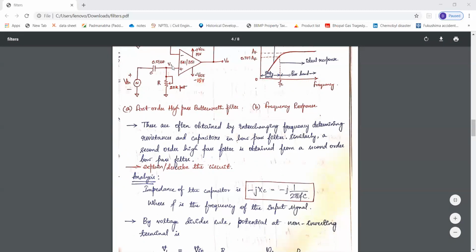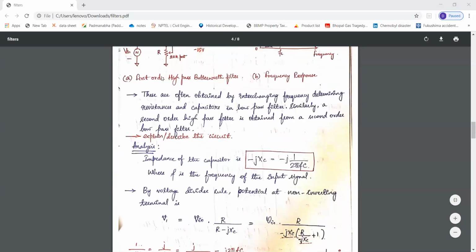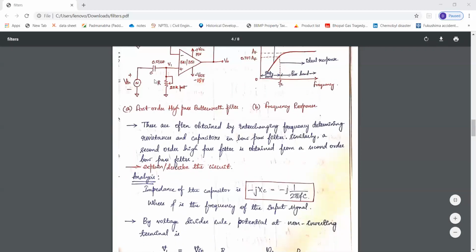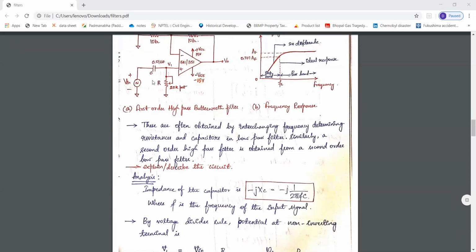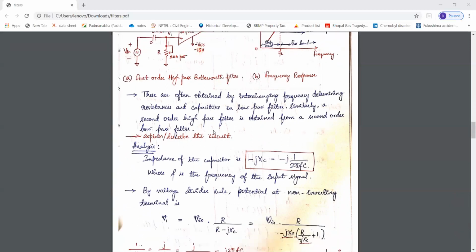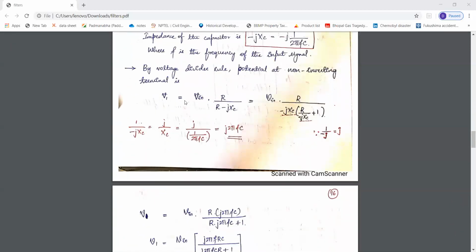By applying the voltage divider rule, we will get V1 equal to Vin into R divided by R minus jXc, since the reactance of the capacitor is minus jXc. So V1 equals Vin into R by R minus jXc.